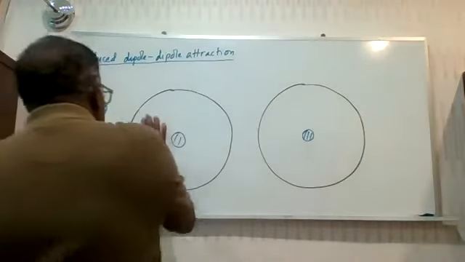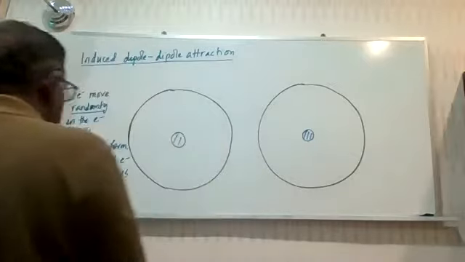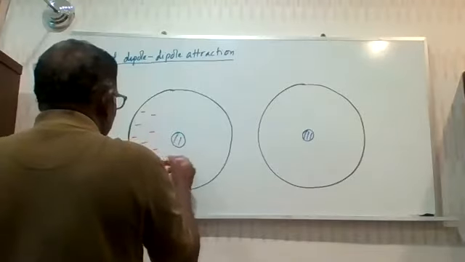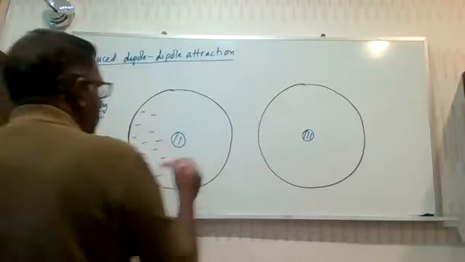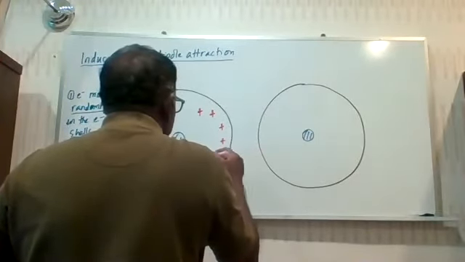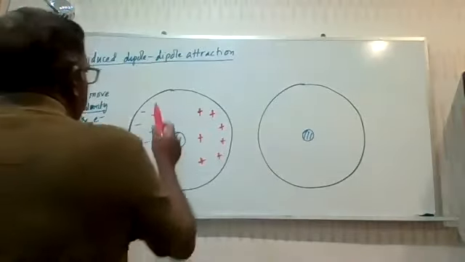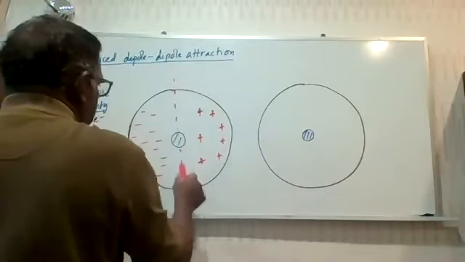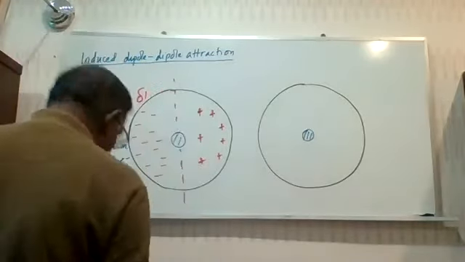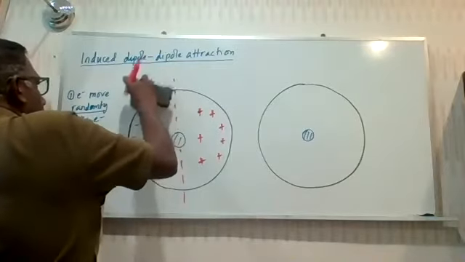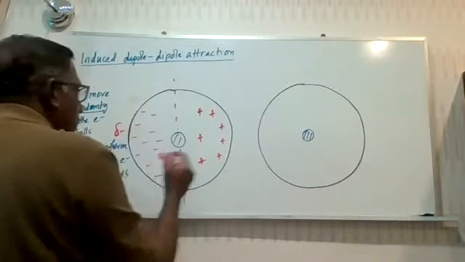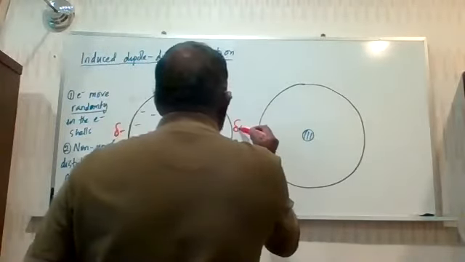So when you have too many electrons on one side, you will have more negative charge, and the lack of electrons will give you positive charge. It's as if your atom is divided into two. This part will have a partial negative charge. This will have a partial positive charge.